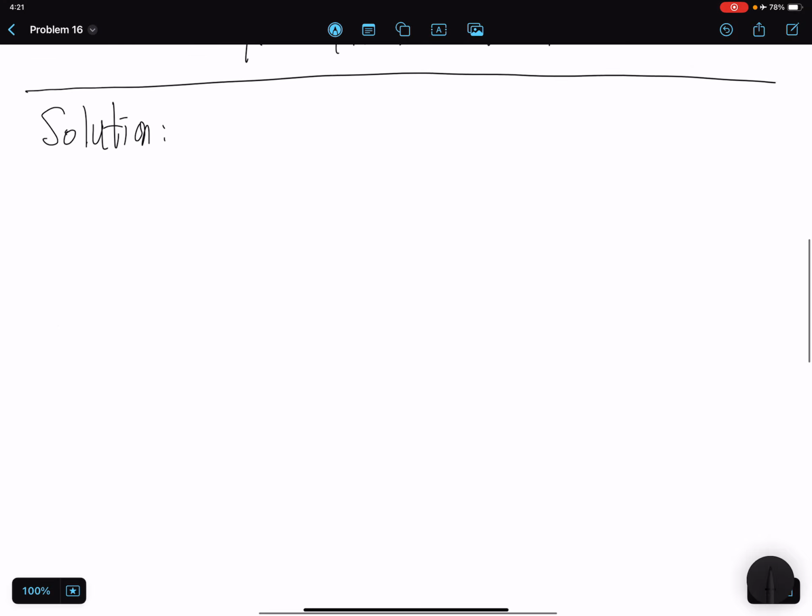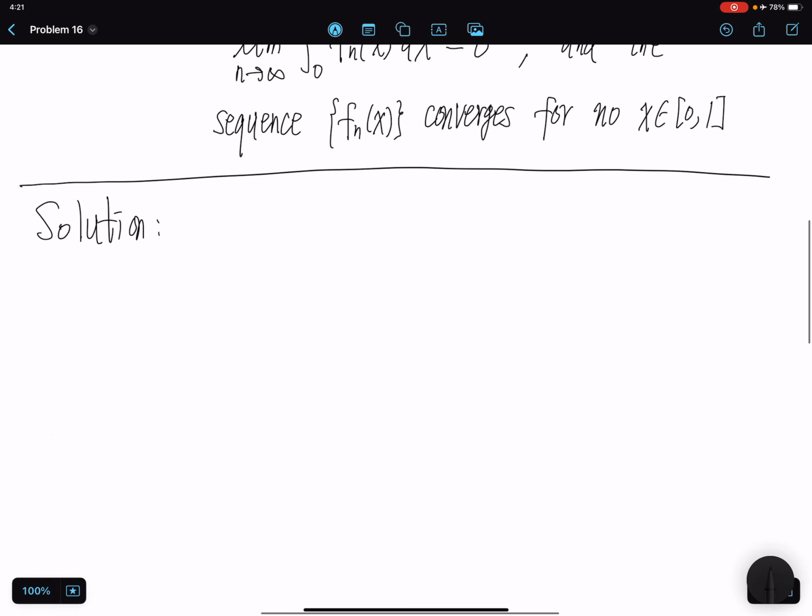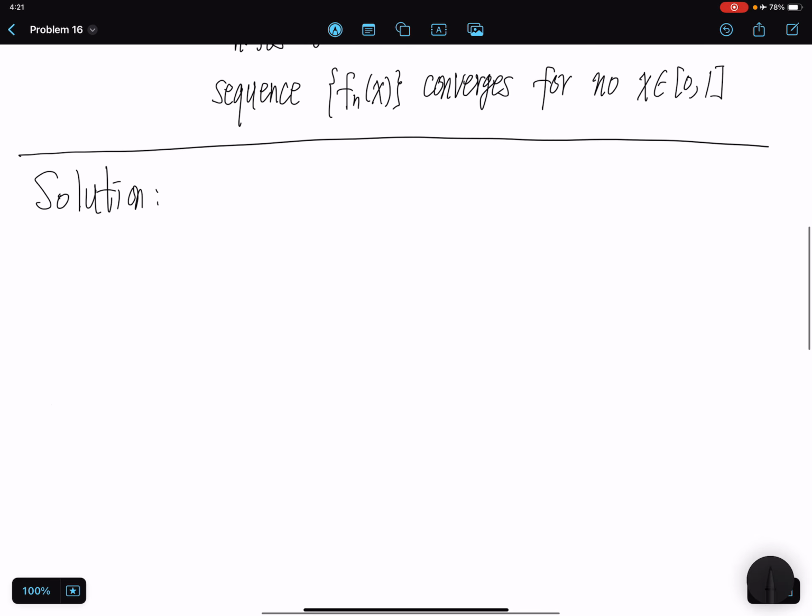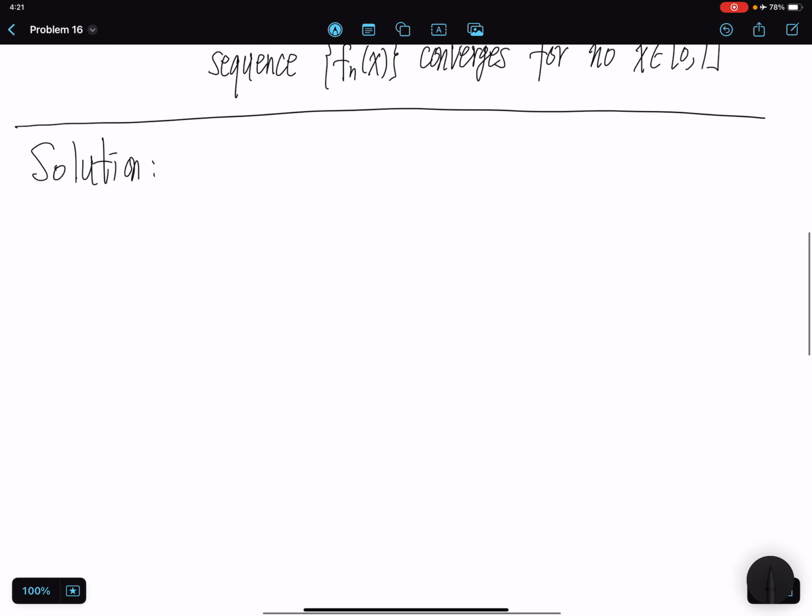So let's think about this. First off, this sequence has to be divergent, right? So for a divergent sequence, let x sub 0 be in [0, 1].